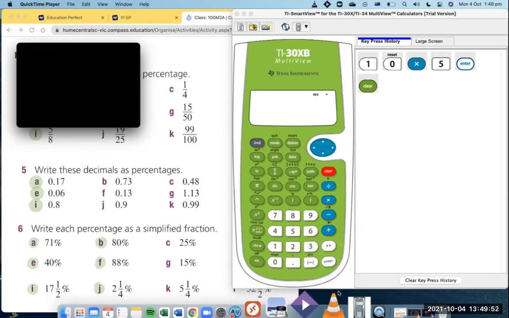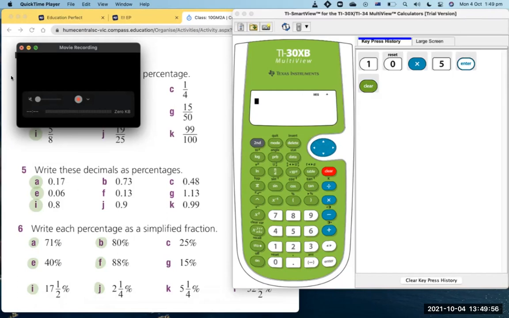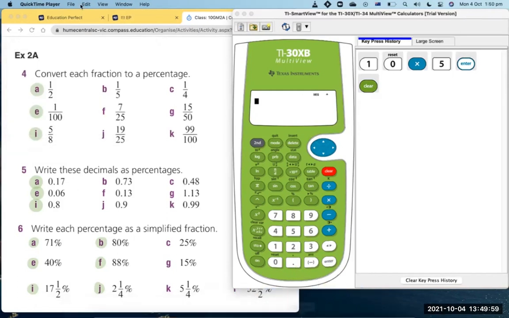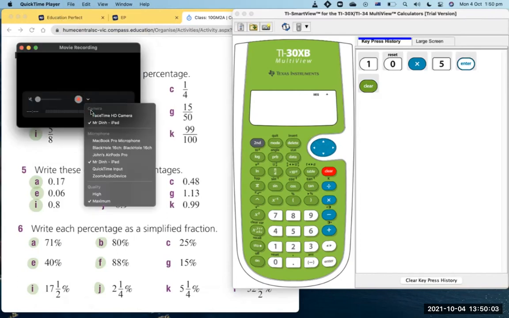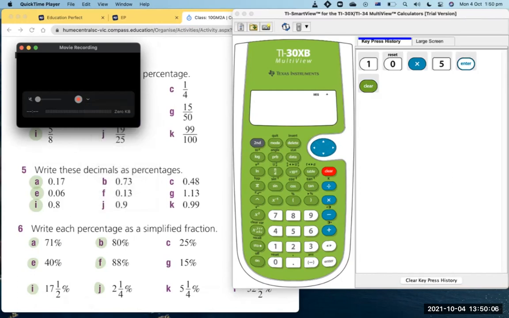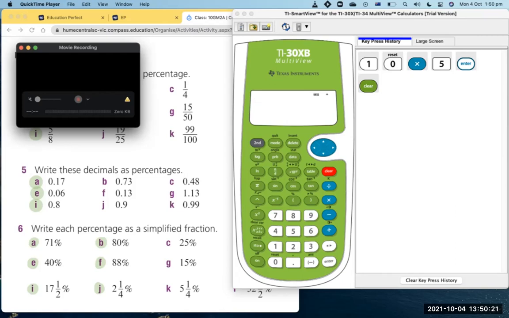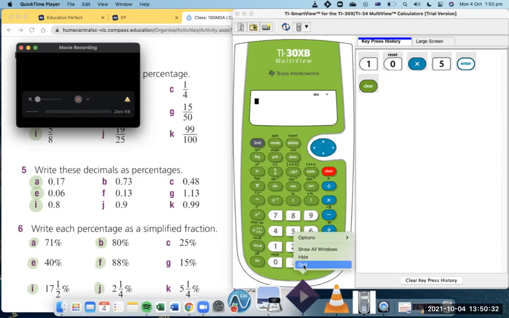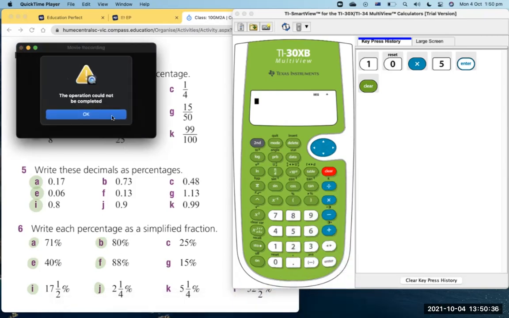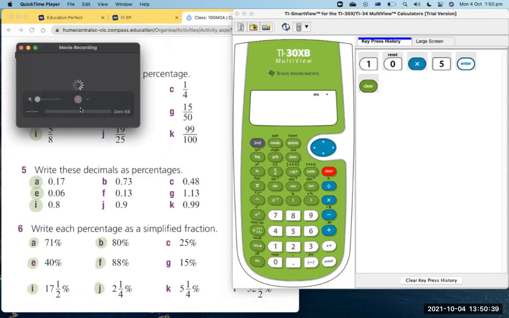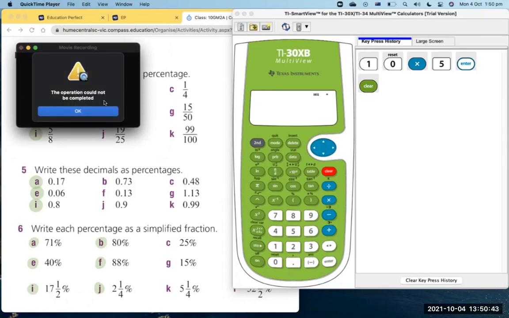Wait a second while it loads. Hmm. What?